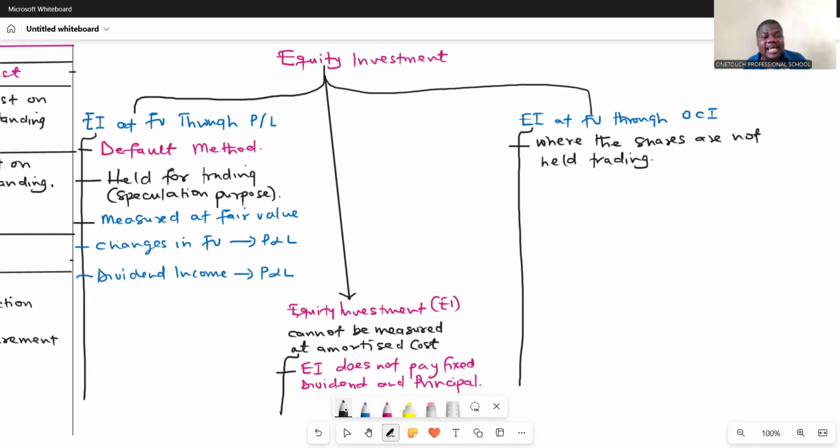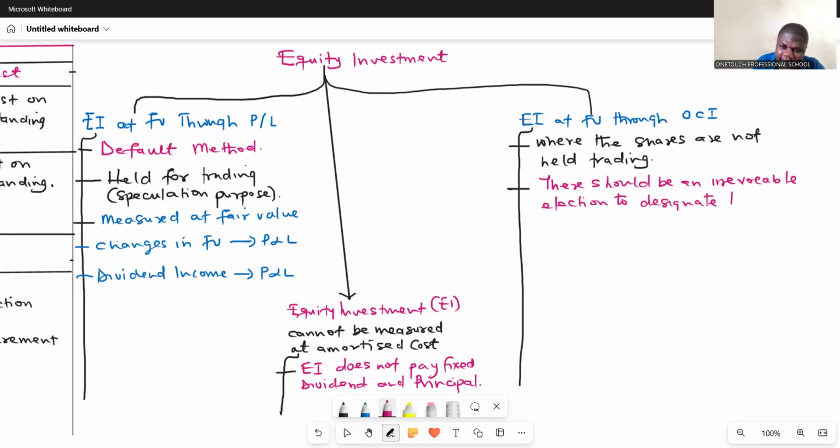Number two is that you must have an irrevocable election to designate the equity investment at fair value through OCI. Did you understand?